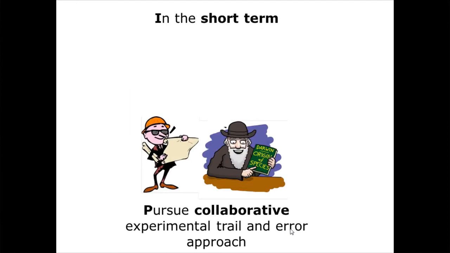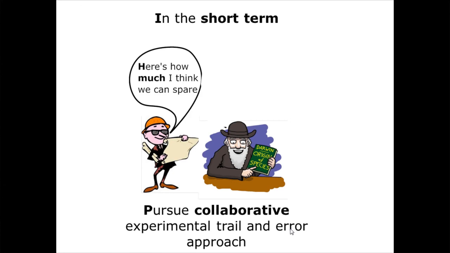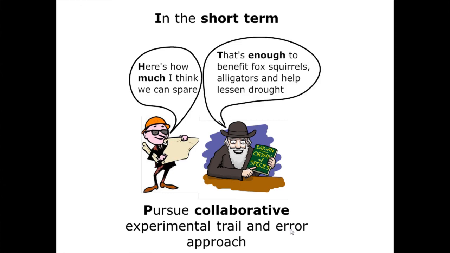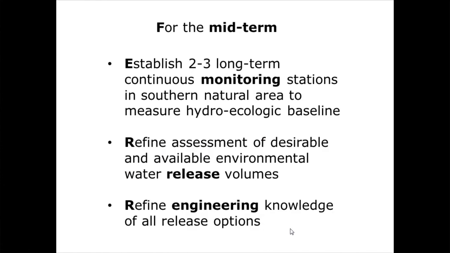So in the short term, I would argue we need to continue pursuing a collaborative and experimental trial and error approach. Maybe the engineers say, hey, this is how much water we can spare. And the biologists say, hey, that's enough to start benefiting fox squirrels, alligators, and help lessen drought severity during the spring. For the midterm, I would suggest 3 things: establishing 2 to 3 long-term continuous monitoring stations.